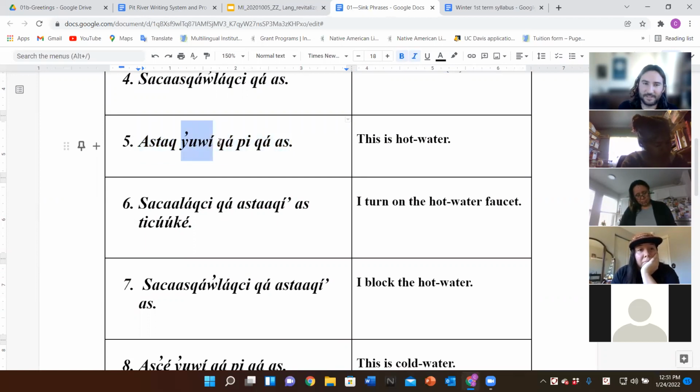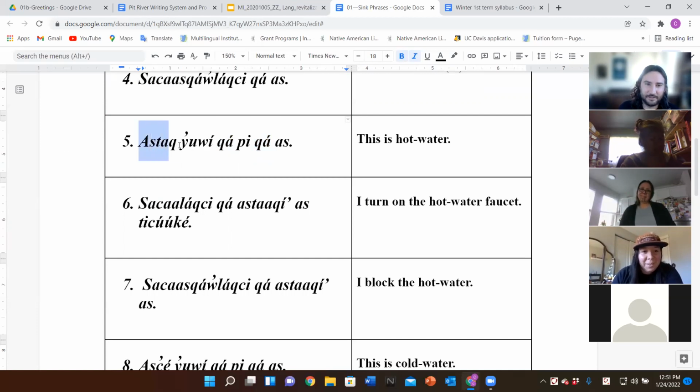Yui it is, and then literally translated, that's the water. Yeah, so I guess that's how you would say that. They just put the ga in there a lot.